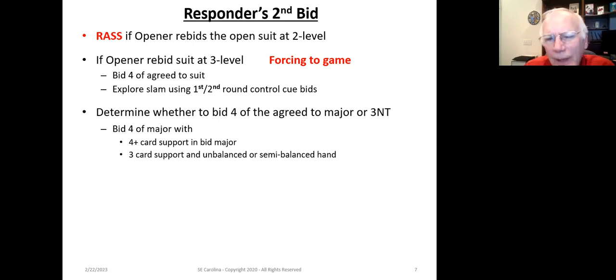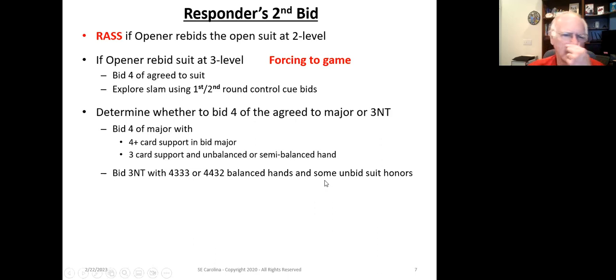If they've got 3 cards support and an unbalanced hand, with a singleton or a void or 2 doubletons, they're going to bid 4 of the major because they have roughing power. The more distributional the hand, the more roughing power you've got.